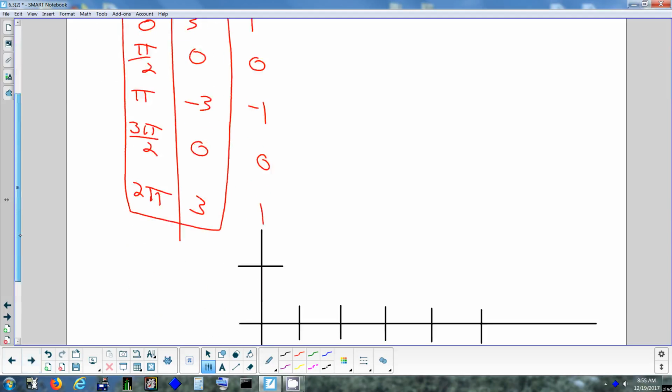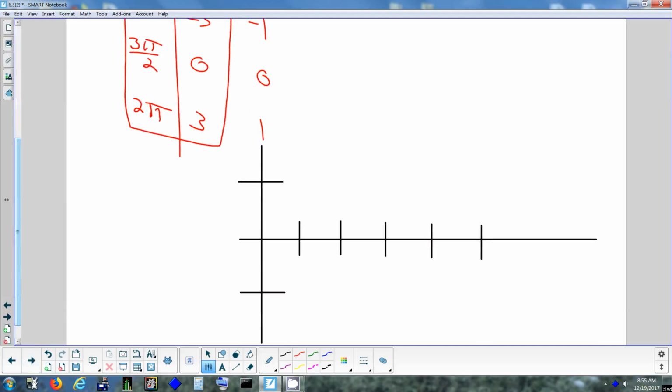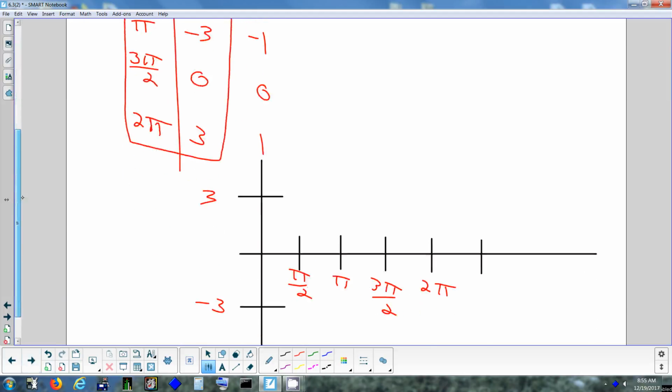Now we're going to make our sketch. This time, I'm going to scale my axis from 3 to -3. You don't have to scale it that way, but this is how I did it. Then along the x-axis, put in your labels: pi over 2, pi, 3 pi over 2, 2 pi. I've got an extra one I don't need. And now just graph it.